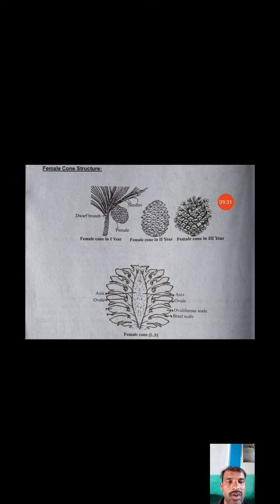The bract scale is larger than the ovuliferous scale before pollination, after which the ovuliferous scale grows bigger than the bract scale. The ovuliferous scale is woody and boat-shaped with broad sterile apophyses extending outward. Each female cone consists of around 80 to 90 megasporophylls and takes 3 years to mature. The mature cone is hard, woody and very large in size.